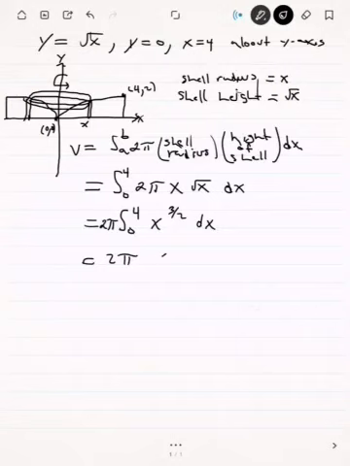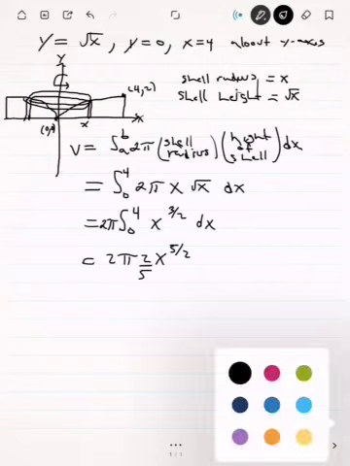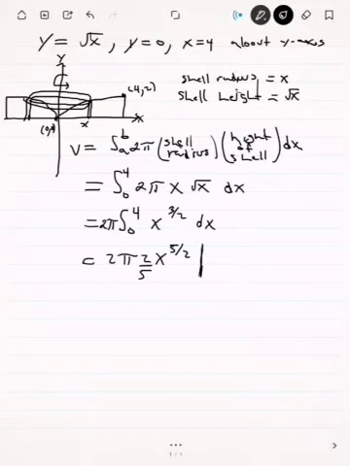x to the 5 halves times 2/5 is the integral of x to the 3 halves as x goes from 0 to 4.